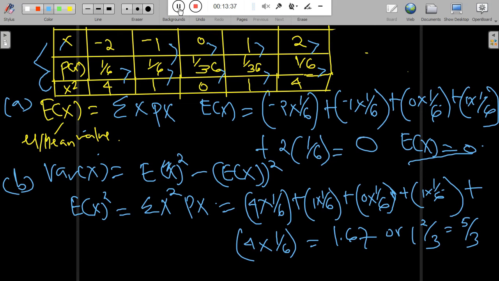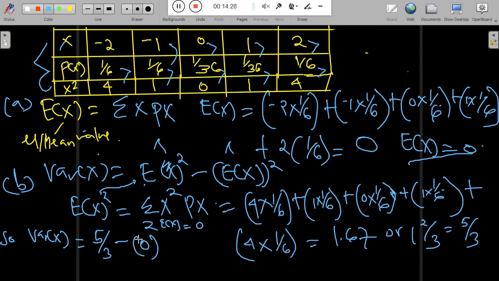So since we have the expectation of x squared now, it is possible to find the variance. We plug into our formula, variance of x is equal to expectation of x squared minus expectation of x, then raised to the power of square. So the variance would be equal to expectation of x squared, which is 1.67, that is 5 over 3. Then we minus the expectation of x. Since we solved the expectation, the mean value, and it was 0, we square the 0, as you observe.